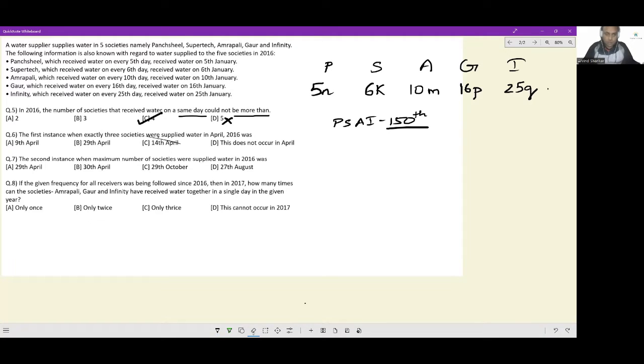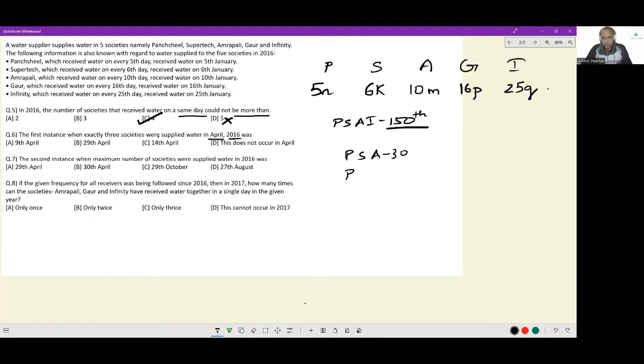Okay. Next. The first instance when exactly 3 societies were supplied water in April 2016 was. So 3 societies we have to check. So PSA, I'm looking at the pairing PSA. They will get water after every cycle of 30, since 5, 6, and 10 have an LCM of 30.